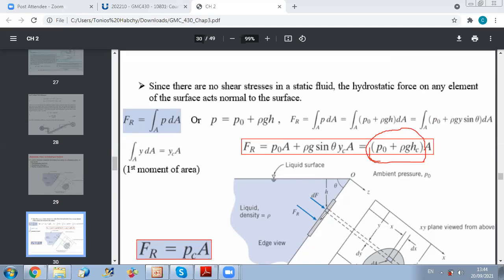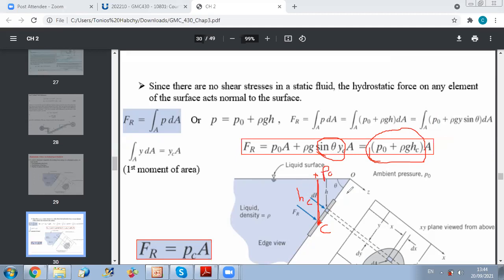Because if I know where my centroid is, how can I calculate the pressure at it? I just need to know the depth hc, which is yc sine theta. So we can replace sine theta yc by the depth of c. So the pressure at c will be due to the column of the fluid above c plus the pressure at the free surface P0.